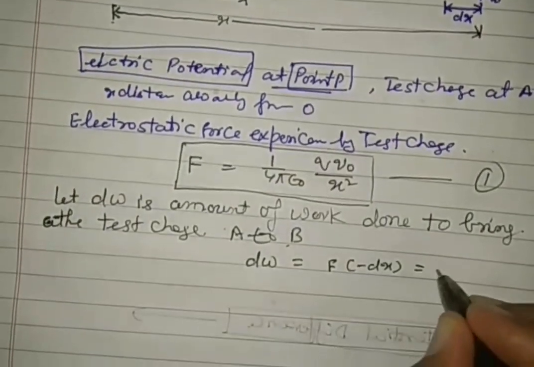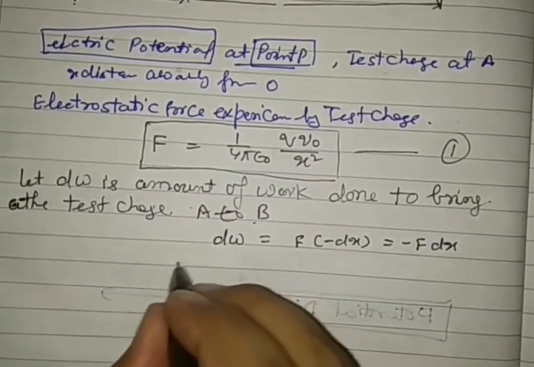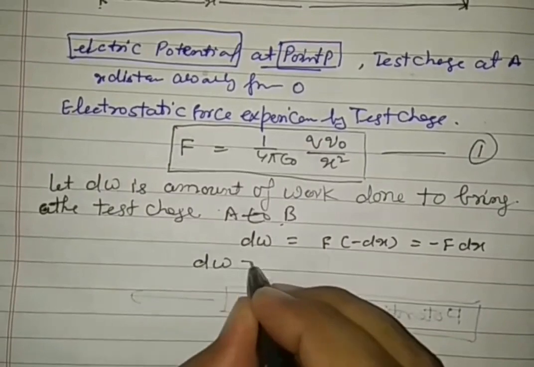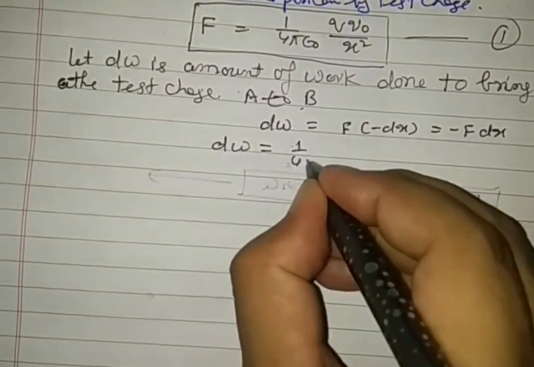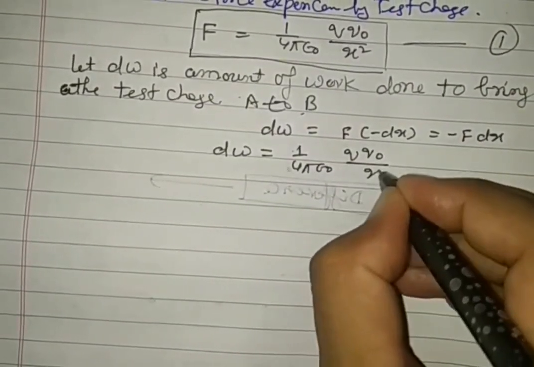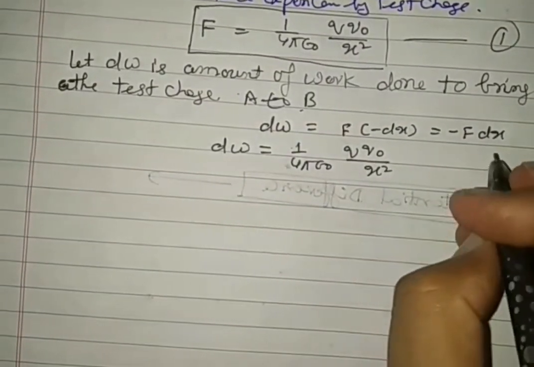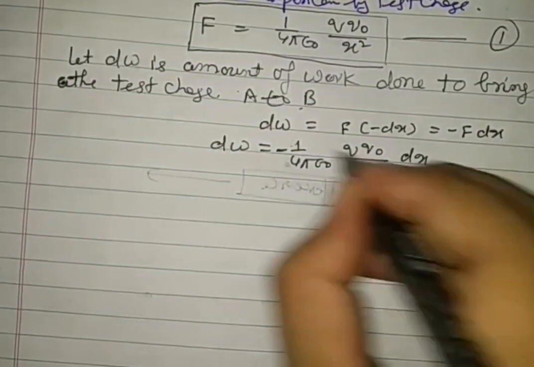So it can be written as minus F dx, right? Now putting the value of F here, we may write 1 upon 4 pi epsilon 0 Q Q0 by x square, with this minus sign, dx.